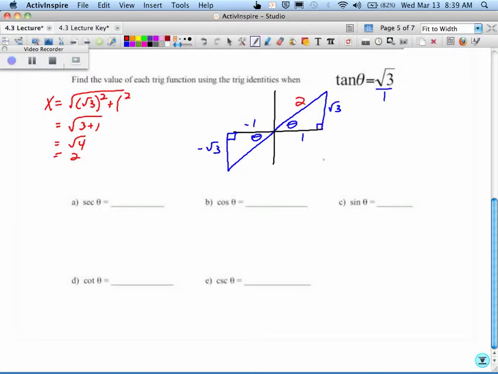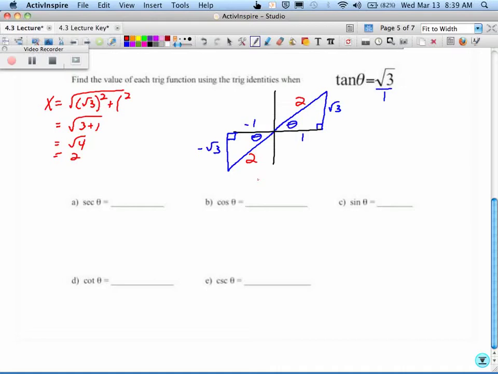Now, some of you might be wondering, what happens when you square a negative? Positive. You square a negative and get positive, so you get the same answer. Your hypotenuse will always be positive.